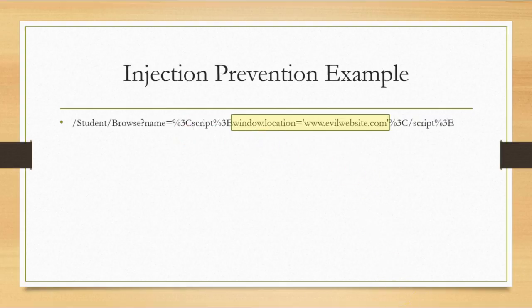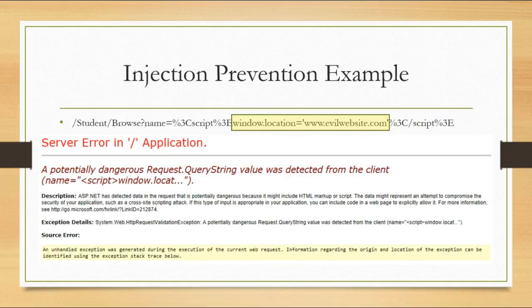HtmlEncode will capture that and throw an exception that says a potentially dangerous Request.QueryString value was detected, and it shows the script window.location. All right, so we see where we can capture code, make sure people don't put nasty stuff in URL messages that we inadvertently process. That's a good habit to follow.